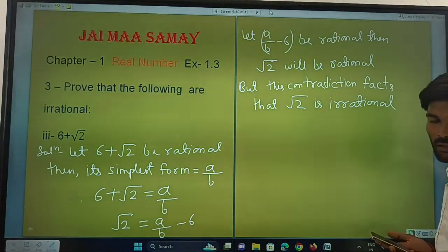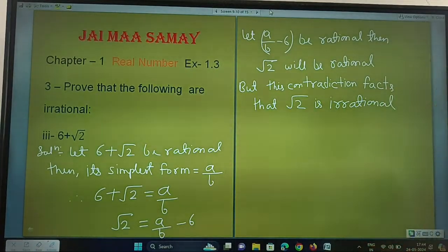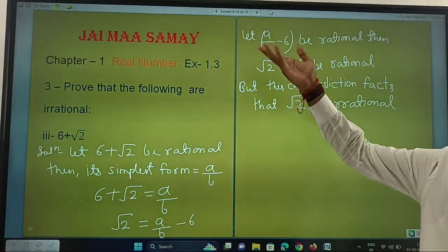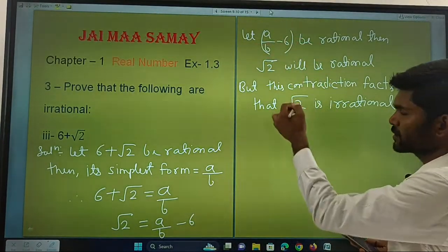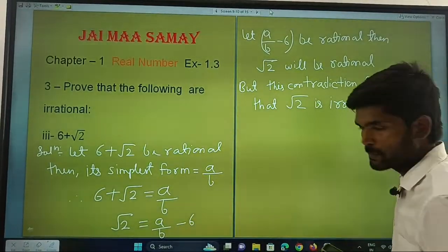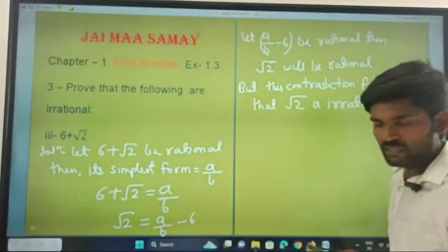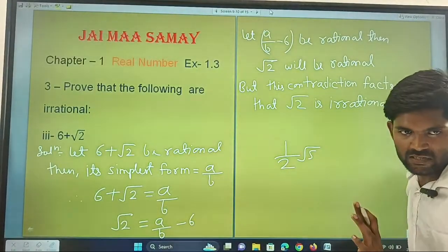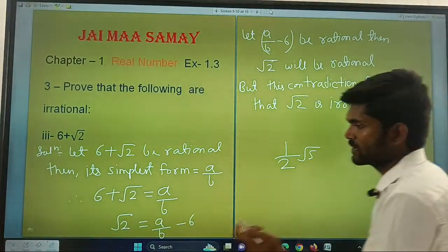Okay, dear? Because if there is no under root form given, no radical power given, then that is rational. But if under root is given, like suppose 1 upon 2 under root 5, this is irrational, but if a fraction is given, that is rational.